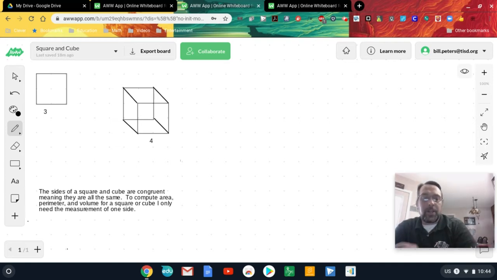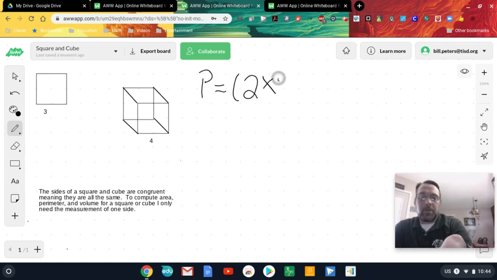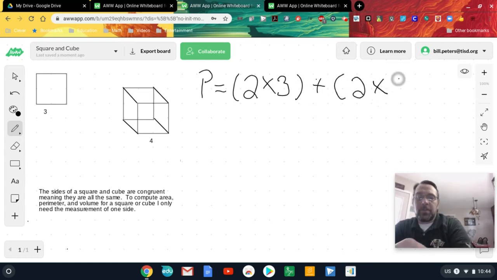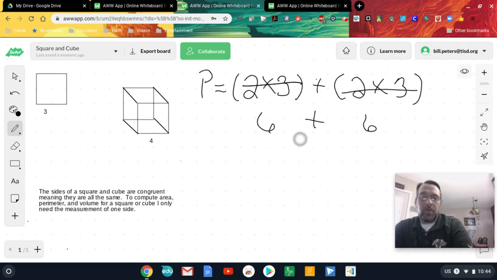So let's take a look at our square. Perimeter would be 2 times 3 plus 2 times 3. That would be 6 plus 6, which would be 12.